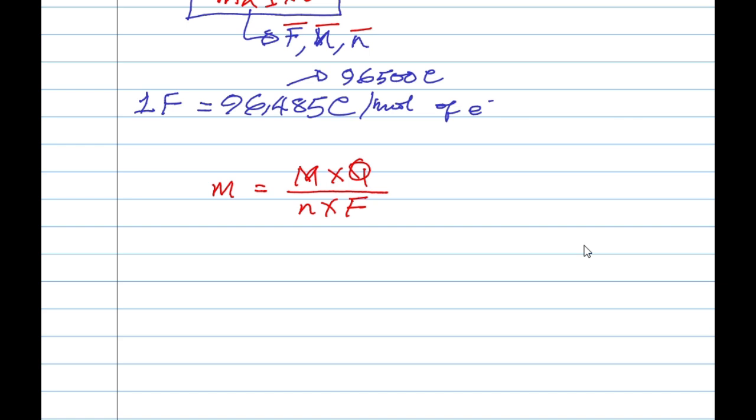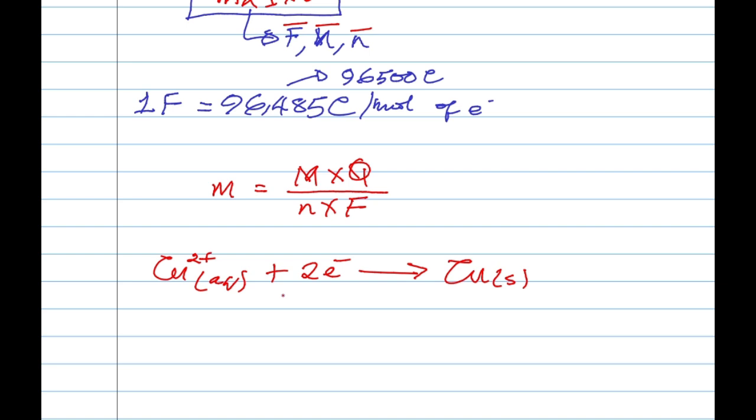Before we do some calculations, let's look at this example first. This equation represents the deposition of copper at the electrode. You can see we have copper ion plus 2 electrons.